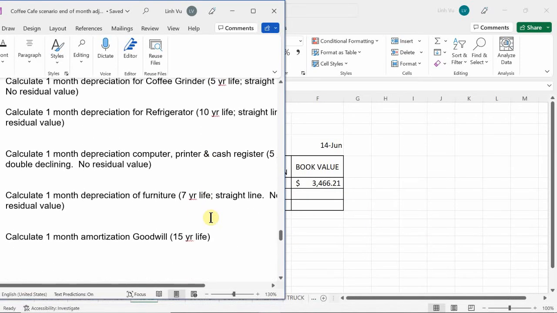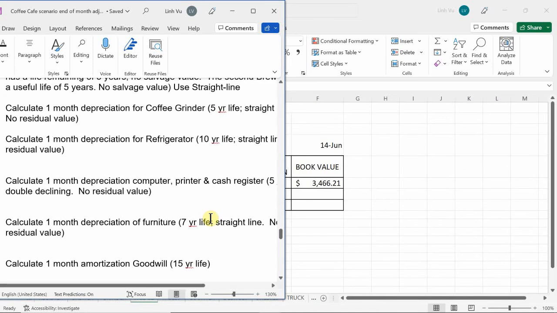Next, it says calculate 1 month's depreciation for the furniture, which are all going to be 7 years life. Actually, wait, sorry, I skipped one. You're going to depreciate 1 month's depreciation for the computer, printer, and cash register. They all have 5 years life. This time you're going to be double declining them with no residual value.